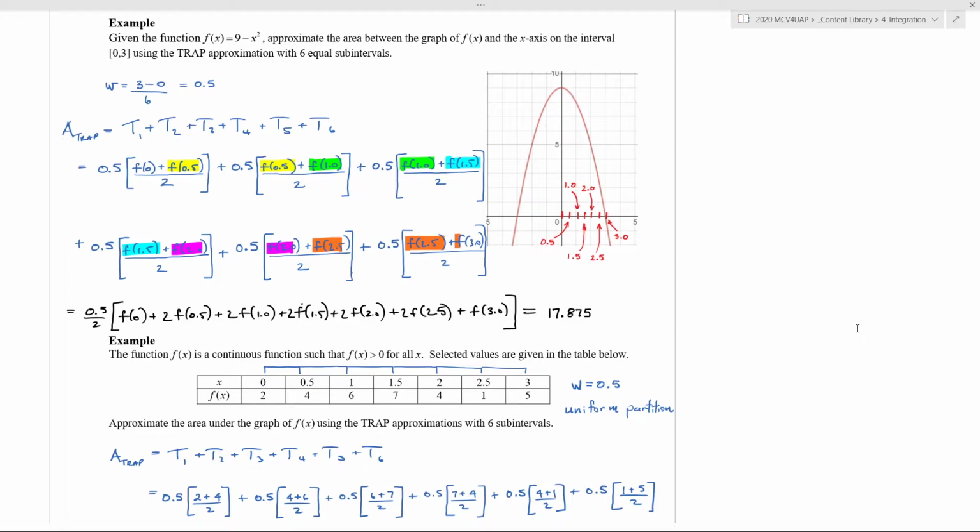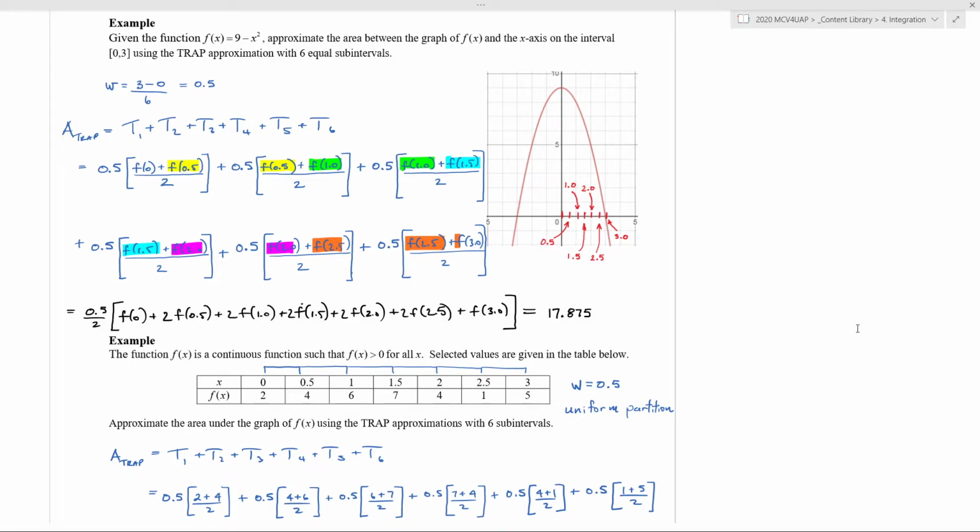The expression for the trapezoidal approximation, you can see it there, is quite involved. So for every trapezoid, you take the width and you multiply it by the average of the heights. So you can see that there's 6 expressions there, 1 for each trapezoid. But then again, just like the last problem, you notice that each one of those is divided by 2.